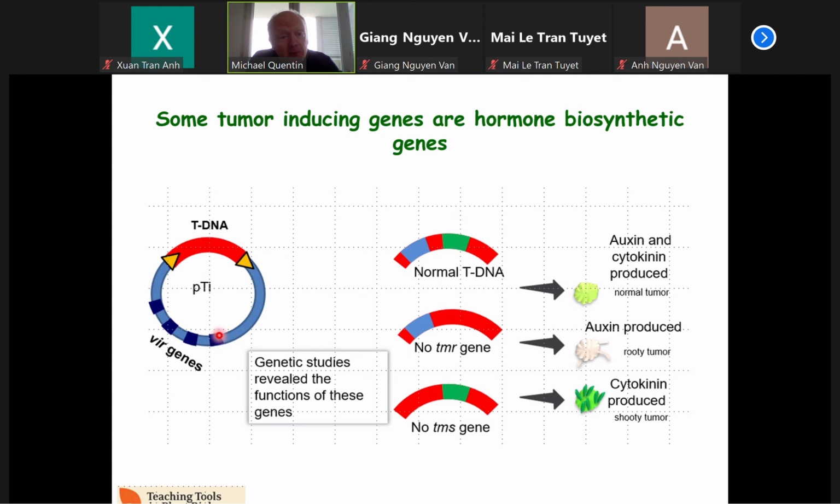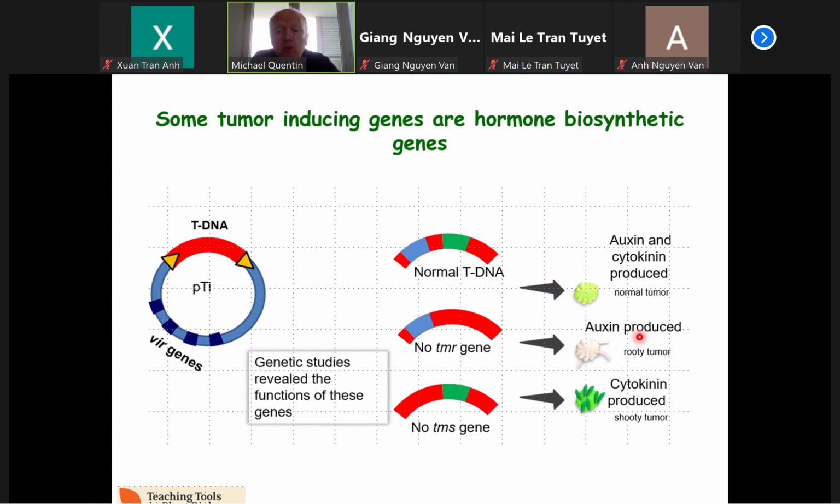Different experiments have been done to demonstrate the role of the different parts of the tDNA. And I told you there is one gene which is surely required for the production of auxin, one which will be necessary for the production of cytokinin. Cell proliferation, formation of a normal tumor, will only occur if the tDNA carries the 2 genes.